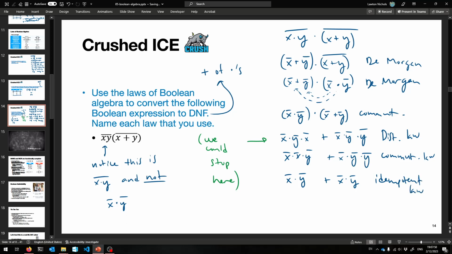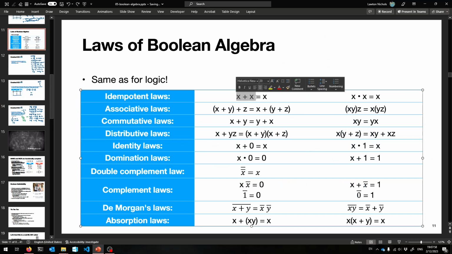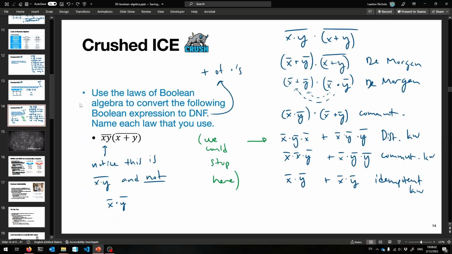And then notice I have the OR of this thing with itself. So if you OR a thing with itself again, that's still the idempotent law. It's this one, but x is some big thing. That's just a single x still. You gain nothing by writing it twice. So this is just x bar ANDed with y bar.